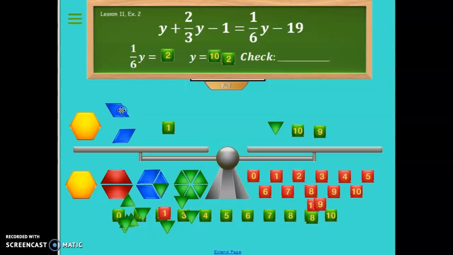There's 2 of the 1/6 in here, so this is negative 4, negative 8, plus negative 12 is a negative 20, negative 21, right? Negative 19 plus a negative 2 is also negative 21. So negative 21 equals a negative 21. And that means that both sides are in balance. So we know that we have solved this equation correctly.